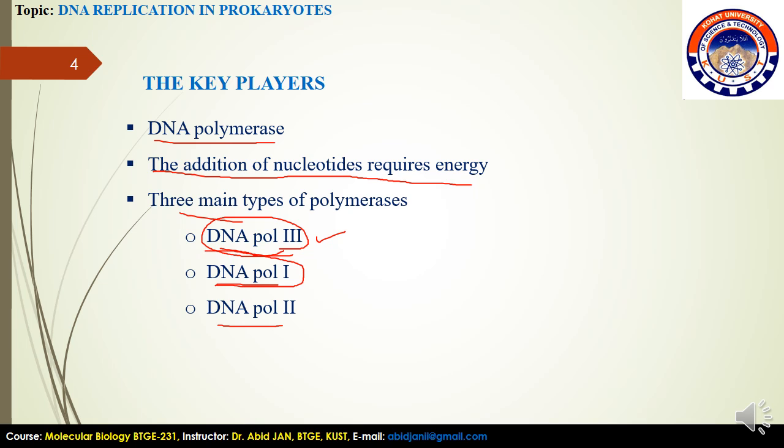DNA pol 1 is an important accessory enzyme in DNA replication, along with DNA pol 2, and are primarily required for repair during replication.